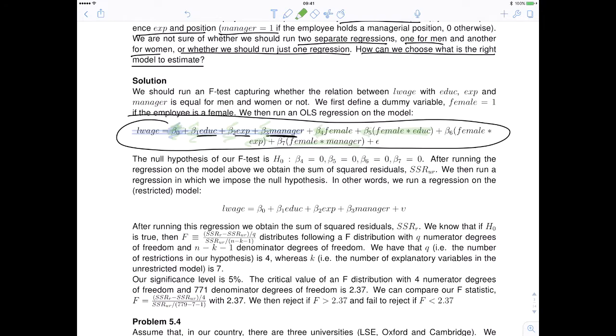And in MG205, whenever someone says, how do you choose between two models, you should always think F-test, okay? Because this model, the big model, the green model, will collapse into the blue model if and only if beta 4 is equal to 0, beta 5 is equal to 0, beta 6 is equal to 0, beta 7 is equal to 0. Here you have it. That's your null hypothesis. That's an F-test.